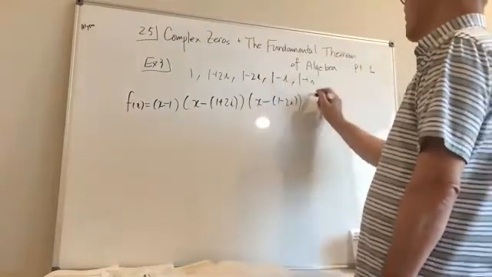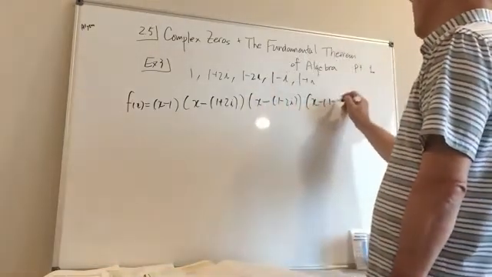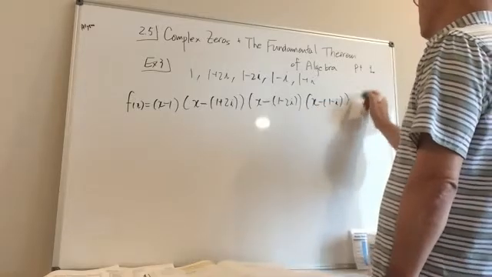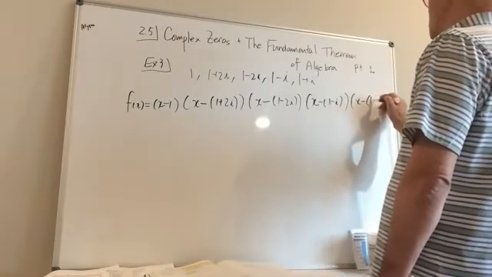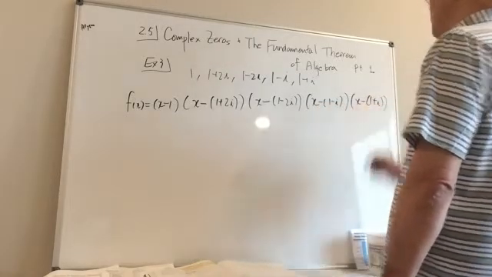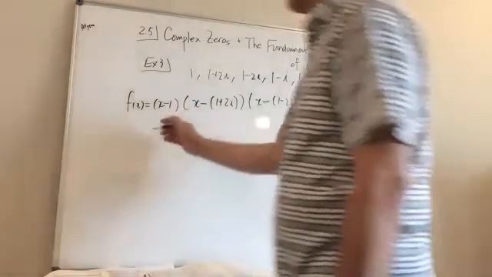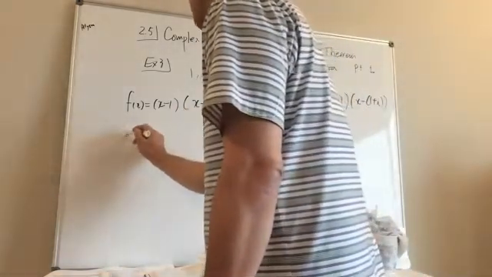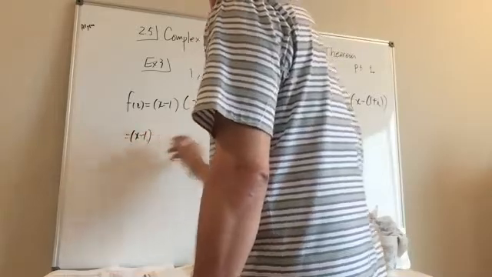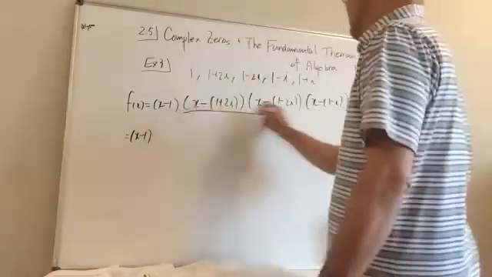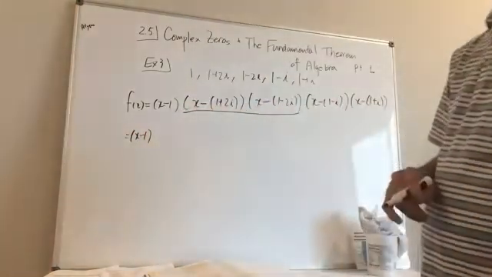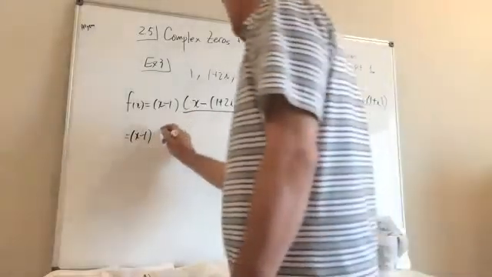And then I have this guy, x minus 1 minus 1i, x minus 1 plus 1i. Okay? There's nothing to do with this one. That one stays the same. Okay, now let's see if we can do this guy here. Okay. First off, I'm going to get x squared.